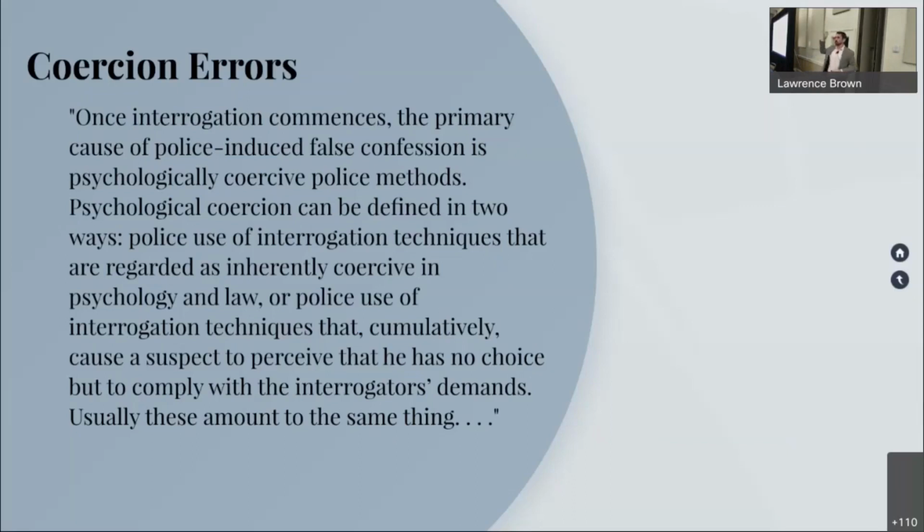Those individually coercive things, while not always easy to identify, are the ones that get the most receptivity in the courts. The other type of coercion error is the trickier one, and that's recognized in psychology as a collection of pressures that, in the aggregate, prompt someone to provide fake information, either a false confession or false accusation.